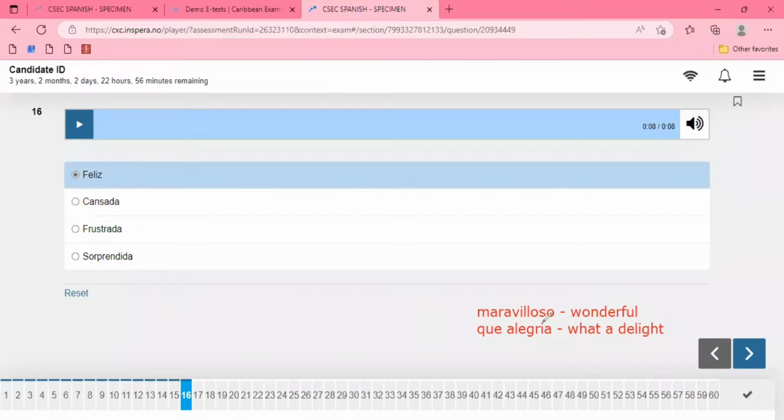Accent again. Or other options would have been tired, frustrated, or surprised. Sorprendida comes from sorprender, which is to surprise, and of course we chose feliz, happy.